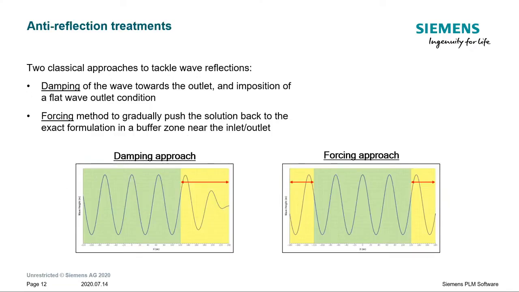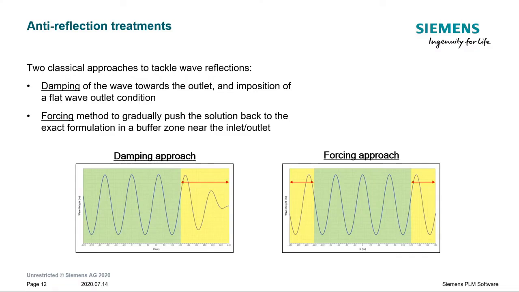A very important topic to discuss when dealing with simulation of waves is the reflection issue. Indeed, in CFD with finite volumes, there actually doesn't exist any perfectly non-reflecting boundary condition, in particular at the outlet.